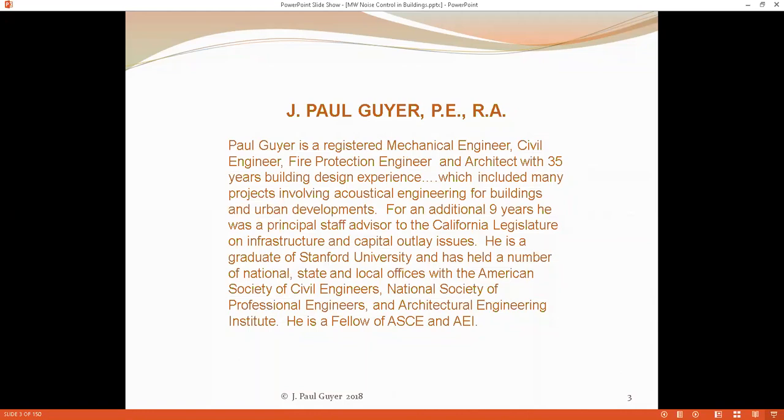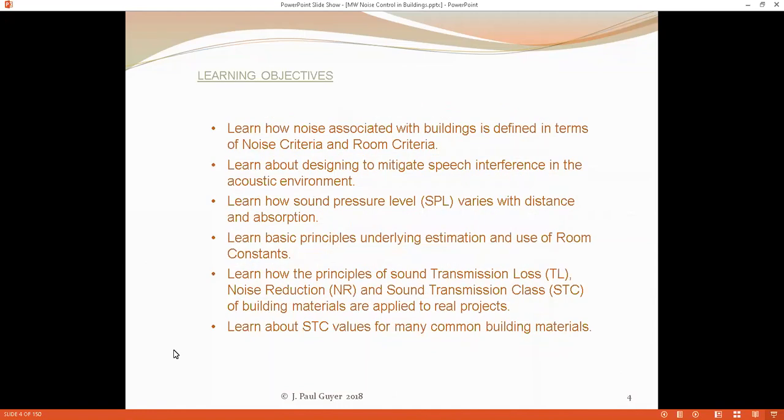So straight ahead designer. And then after the 35 years, for an additional 9 years, I was in what might be called the public policy arena. I was a principal staff advisor to the California legislature on infrastructure and capital outlay issues for 9 years. So that's what I've been doing.